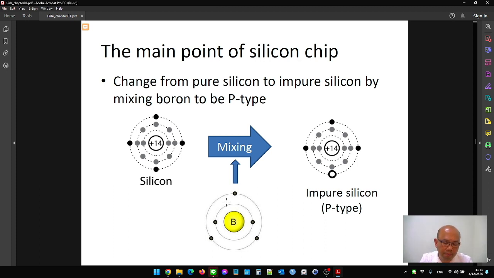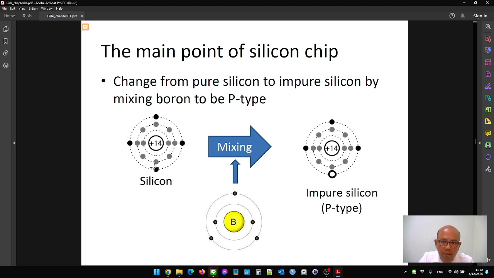If I have pure silicon from the process that I mentioned in the last slide, here is an atom of silicon, which has 14 electrons. In the outer circle, the covalent electrons, there are 1, 2, 3, 4, and all together 14.